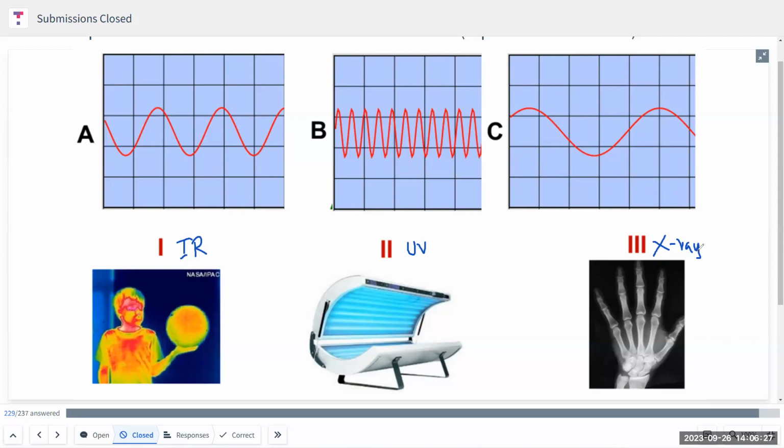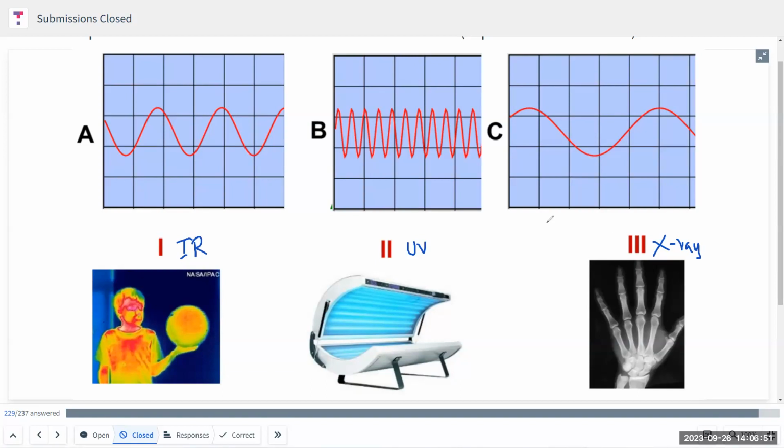If it has the highest energy, what can you tell me about its relative wavelength? Should it be the longest or shortest? One more time. If it has the highest energy, its wavelength must be the shortest. So that's the relationship tested here.